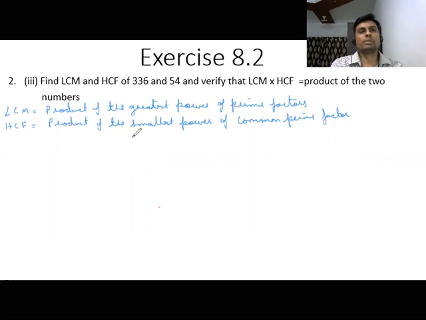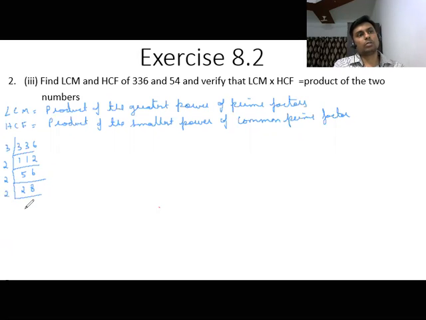So we have to express them in prime factors, basically. I'll express 336 first. 336, easiest is 3. 3 ones are 3, 3 twos are 6. Then 2. 2 fives are 10, 2 sixes are 12. So it becomes 56. Again 2. 2 twos are 4, 2 eights are 16.